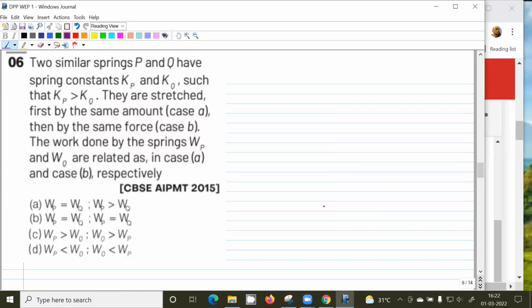This one, two similar springs, P and Q, with spring constants Kp and Kq. They are stretched by the same amount in case A, then by the same force in case B. Then the work done by the springs, WP and WQ, are related as. This could be an interesting question.